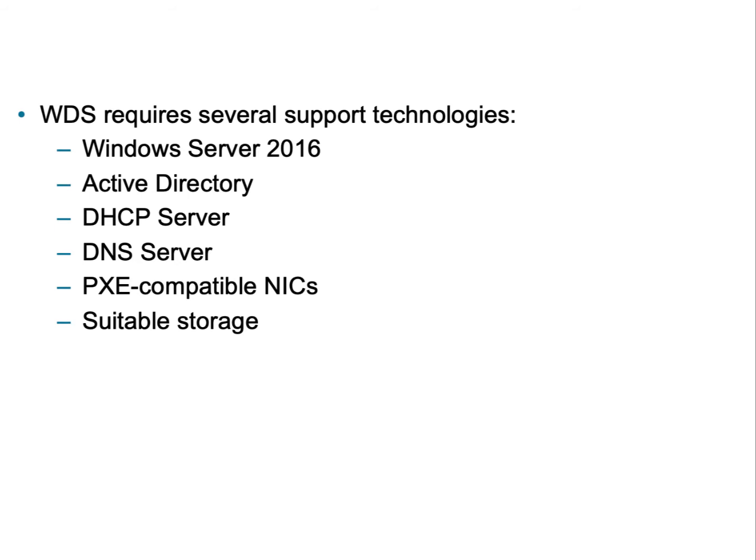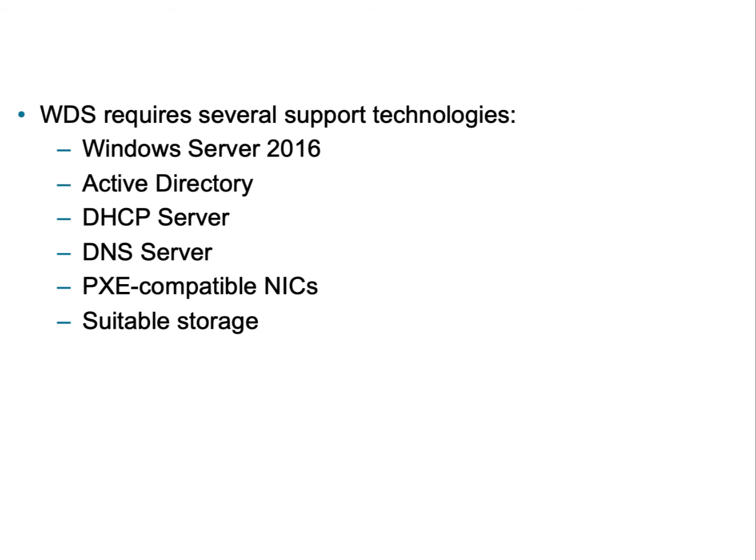DHCP server. A DHCP server must be available, ideally on a Windows server. Having WDS and DHCP on the same server requires fewer configuration steps because some required DHCP options are configured automatically when WDS is installed.